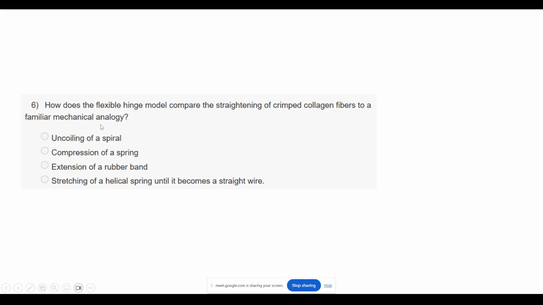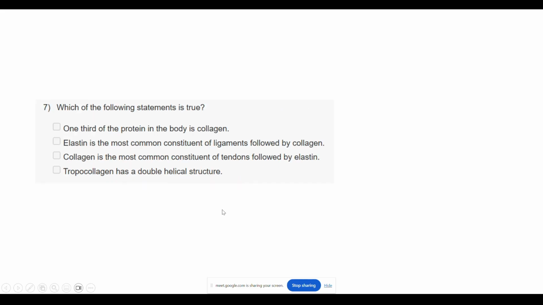How does the flexible hinge model compare the straightening of crimped collagen fibers to a familiar mechanical analogy? Uncoiling of a spring spiral, compression of a spring, extension of a rubber band, stretching of a helical spring until it becomes a straight wire. The answer is stretching of a helical spring until it becomes a straight wire. Which of the following statements is true? One third of the protein in the body is collagen.